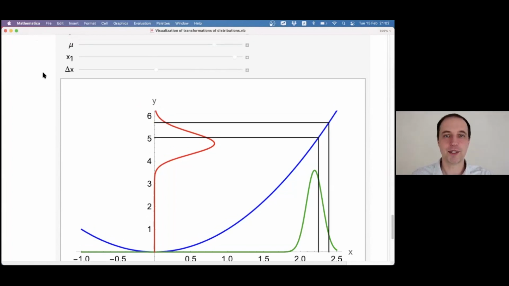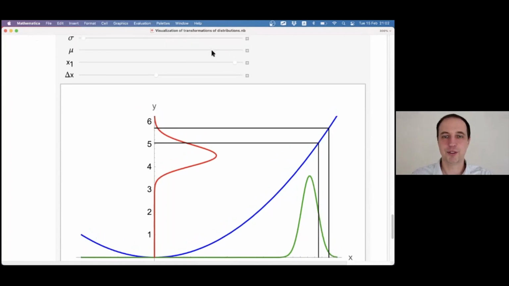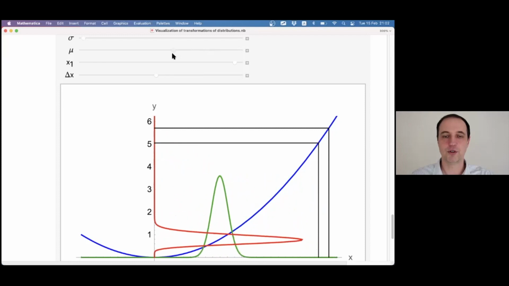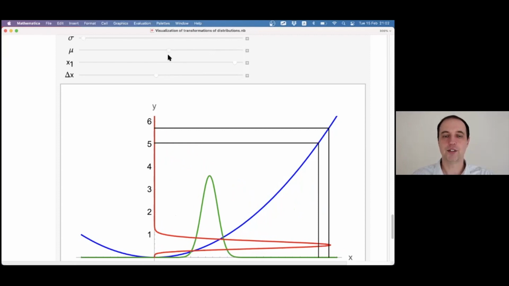Before that, I may also want to move these distributions a bit. So you see, if I move the distribution of x to low values, those will be the places where the small intervals of y are going to be very short. So the probability is going to get more concentrated.